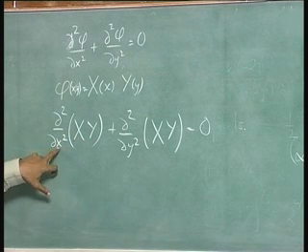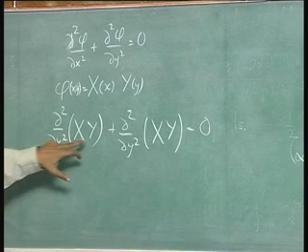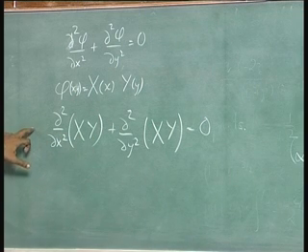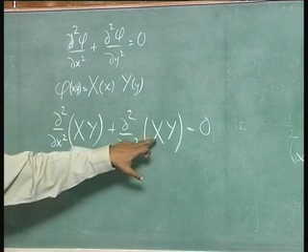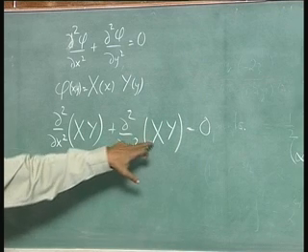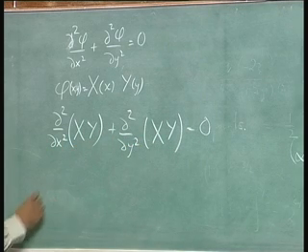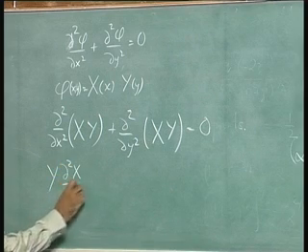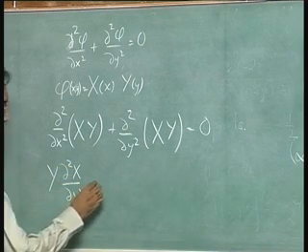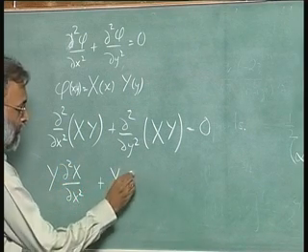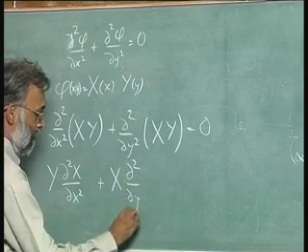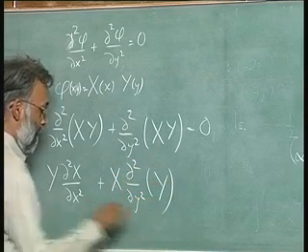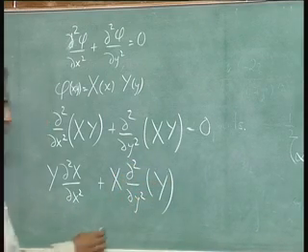So, when I take a derivative with respect to small x, Y can be pulled out. Similarly, capital X is not a function of small y, so it can be pulled out. So, I can write this as Y del squared capital X by del x squared plus X del squared capital Y by del y squared is equal to 0.